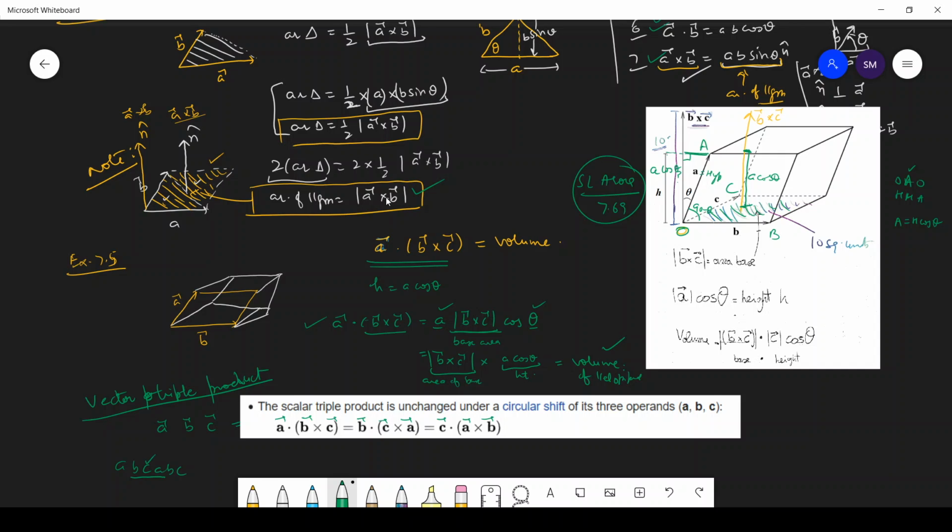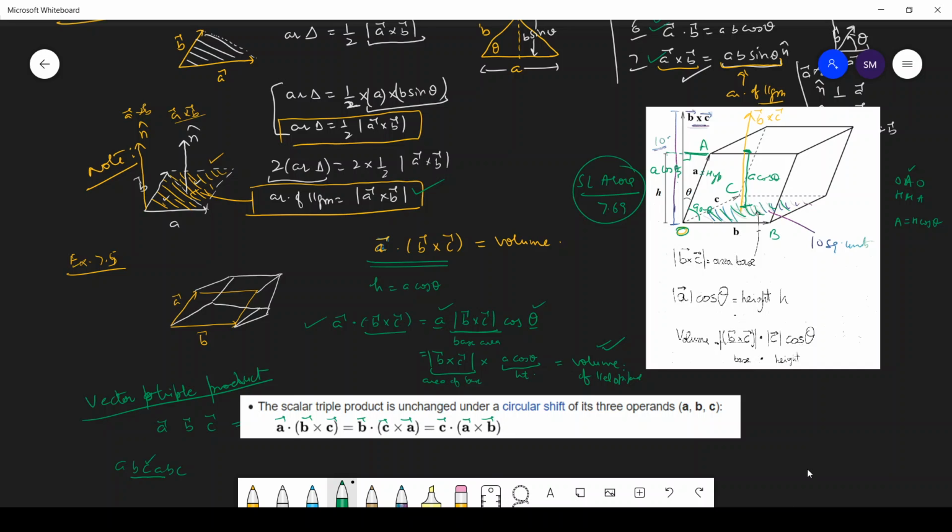The magnitude of the cross product is the area of the parallelogram contained by those vectors. Scalar triple product is the volume of the parallelepiped formed by vectors A, B, C. So we can write them in any way.